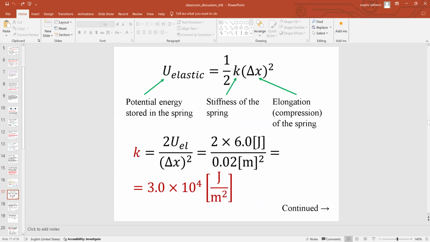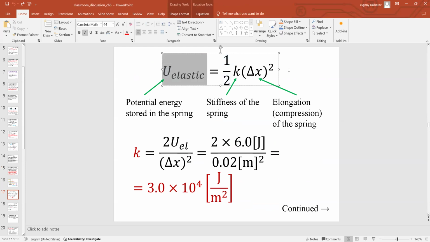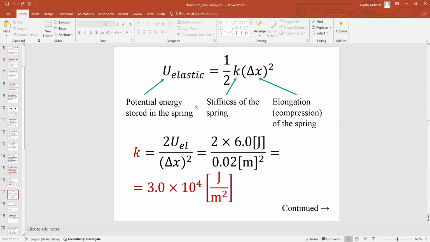Well, work done is 1/2 kx squared. And that's the formula we got from lectures. Work done is the change in potential energy. K is the stiffness, and x is either compression or stretching. So from this definition, you can calculate the stiffness of a spring, because it's given that you have 6 joules to stretch 2 centimeters.